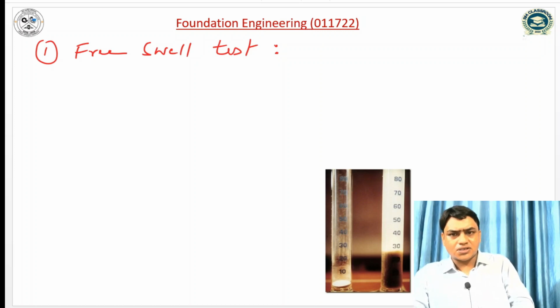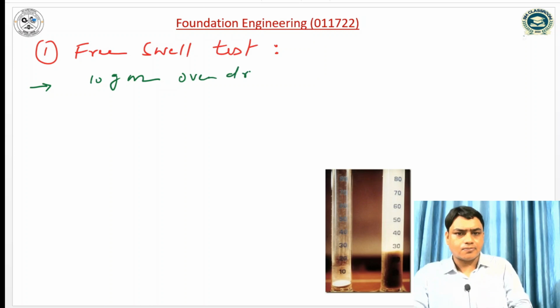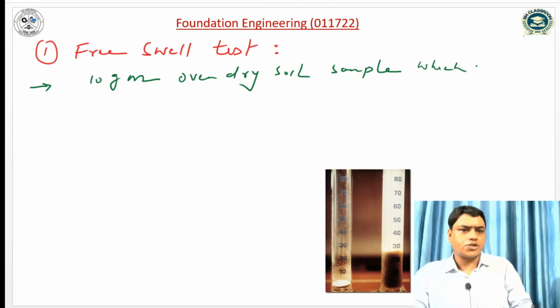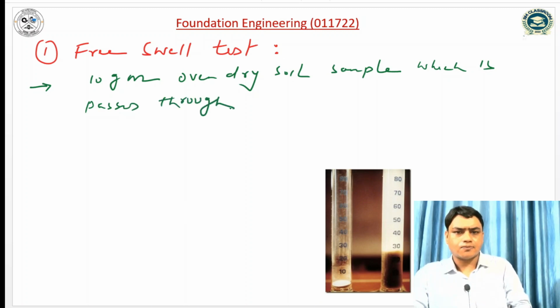So what are the various apparatus? 10 gram oven dry soil sample, which passes through a 425 micron sieve.